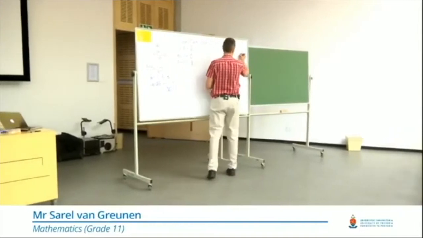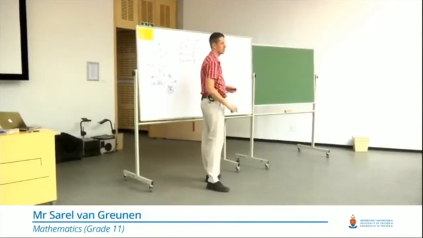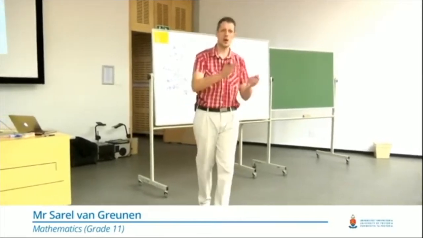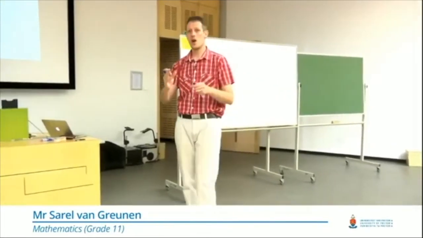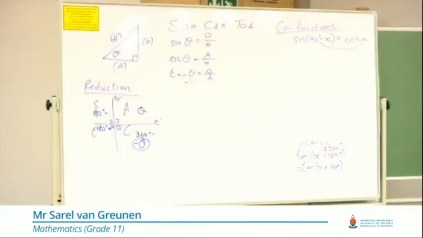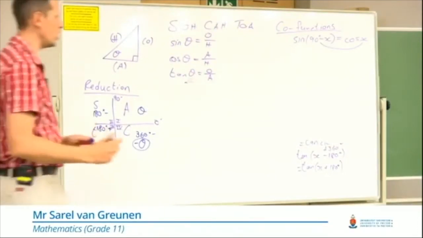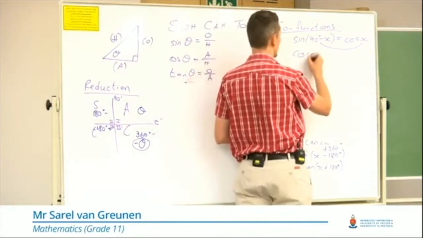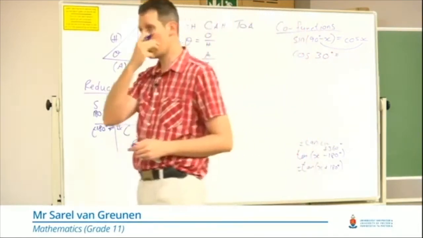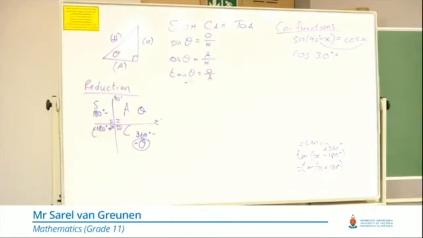If I add these two, what do I get? 90 degrees. That's why they are cofunctions. They are complementary functions of each other. You guys are with me? Okay? So if I look at cos of 30, which angle adds up to 90? 60.